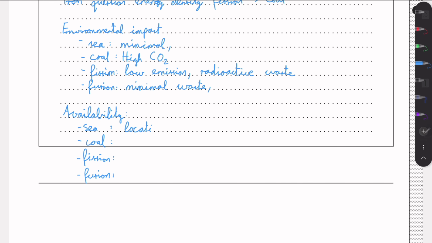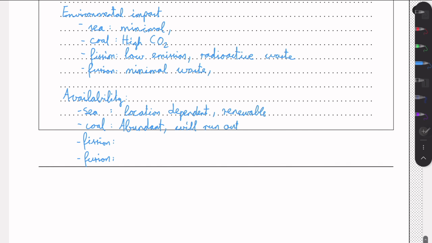So obviously if in a place there is no sea or large bodies of water, we cannot really use this. So it's kind of limited as to where we can apply this method, but it's renewable. So that's nice. And then coal is quite abundant at the moment, but it will run out. So it's not renewable.